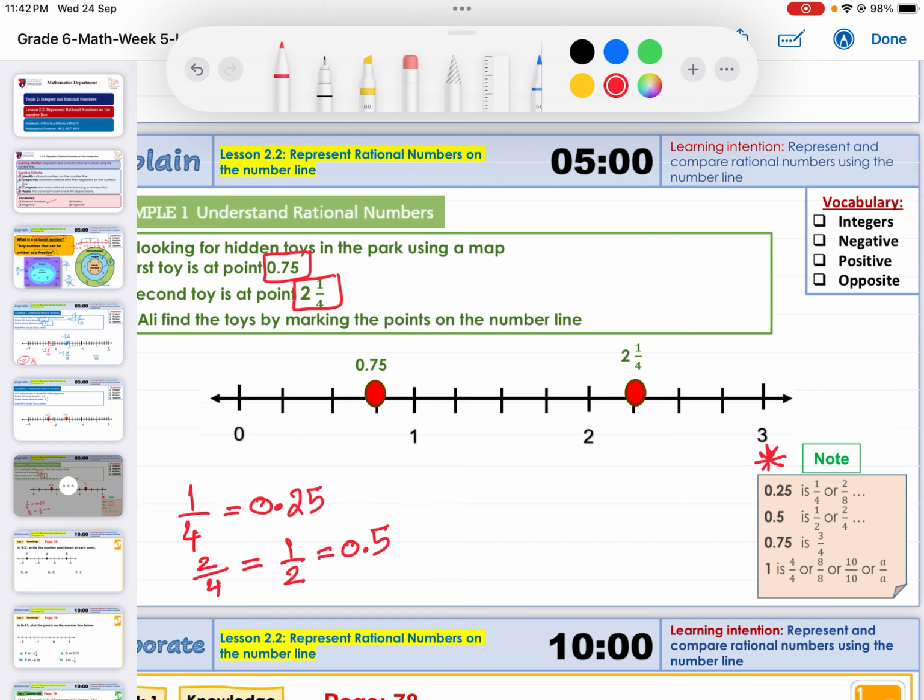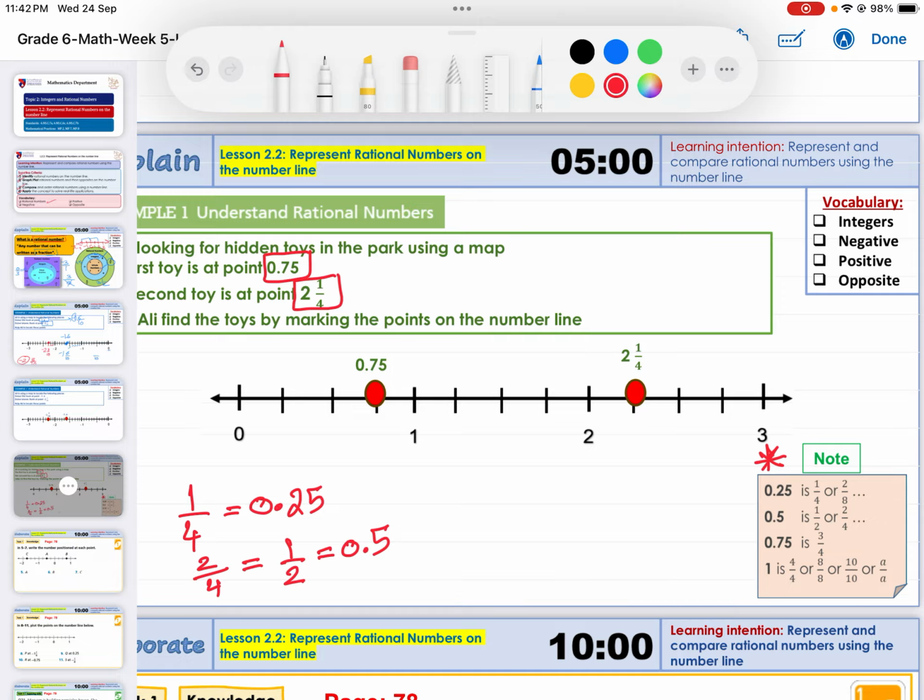Think of money. This is like 25 cents, 50 cents, and so on. So what do they represent as fractions and decimals? Next, the last one is 0.75, which is equal to 3/4. Okay, so this is 1/4, 2/4, and 3/4.